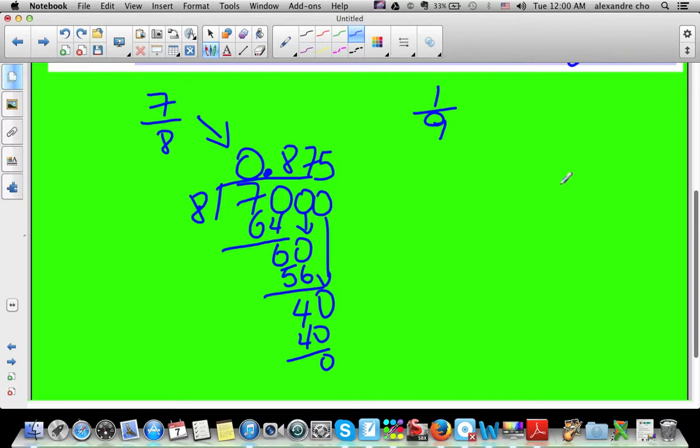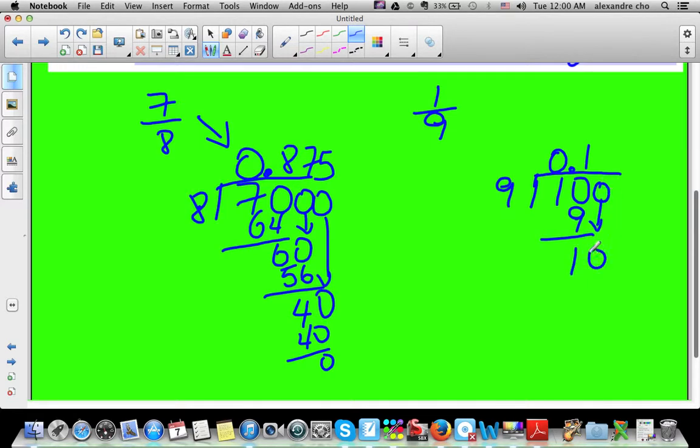Okay? Let's try 1 over 9. 1 divided by 9. 9 does not go into 1, so we put a 0 on top, add a decimal. 9 goes into 10 one time. And we subtract. Have a 1 left over.